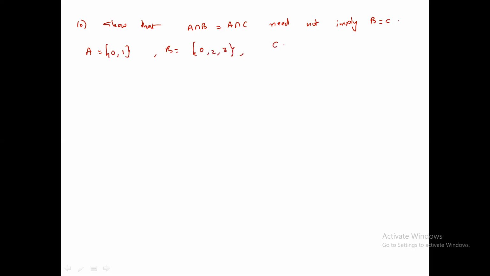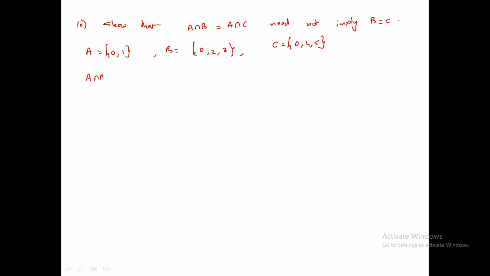Let's go to question number 10. Show that A intersection B equal to A intersection C need not imply B equal to C. For this, we can take one example. Let A be {0, 1}, B be {0, 2, 3}, and C be {0, 4, 5}.